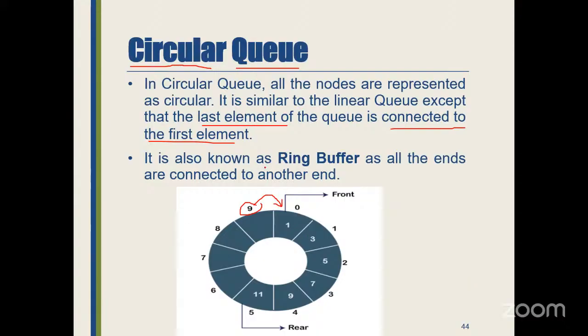It is also known as a ring buffer, as all the ends are connected to another end. We have two ends here. So the last element is again connected to the first element, the first end. That's why it is also called a ring buffer. It looks like a ring.